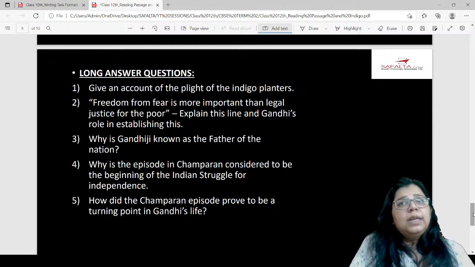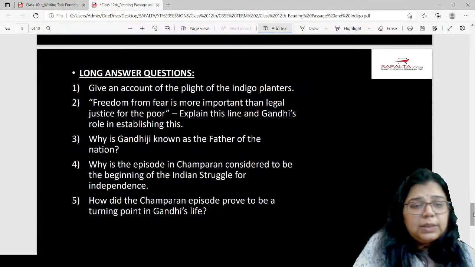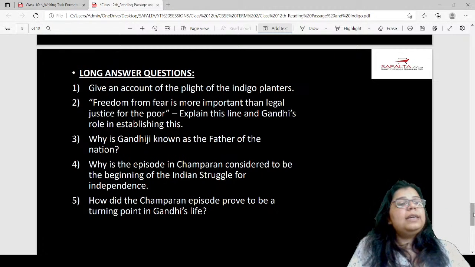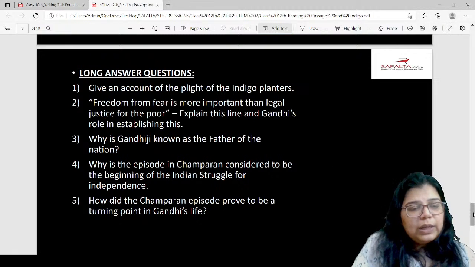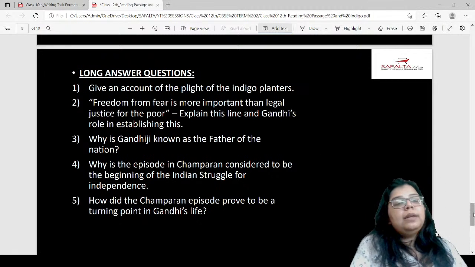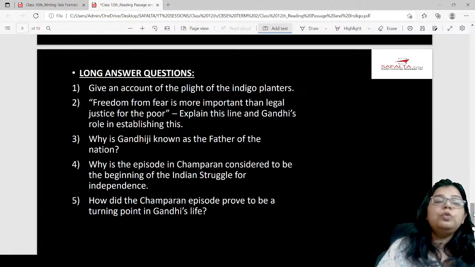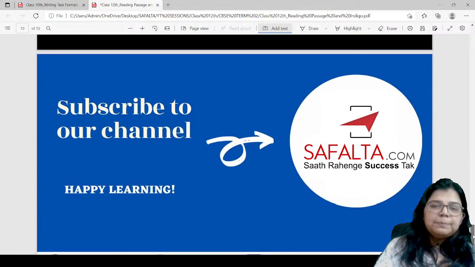It was the first successful civil disobedience movement in the country, and that gave such a lot of courage and confidence to the Indians that after that there was no looking back, right? And then the same question can be asked in a different manner as to how did the Champaran episode prove to be a turning point in Gandhi's life? Again, same answer, different wordings.